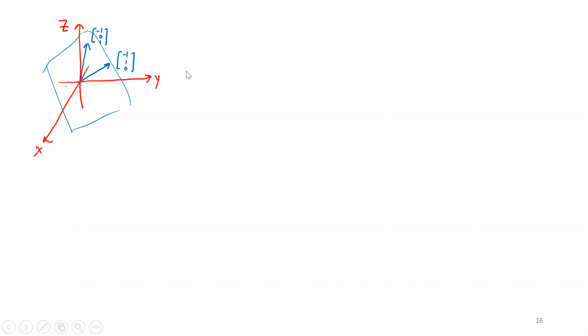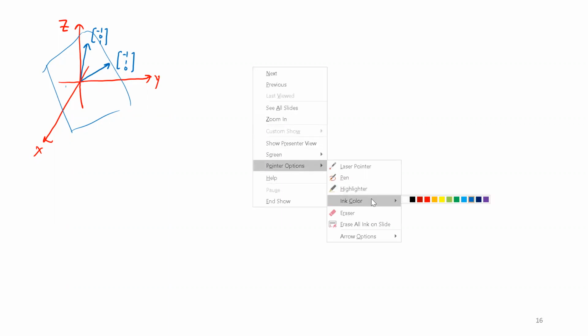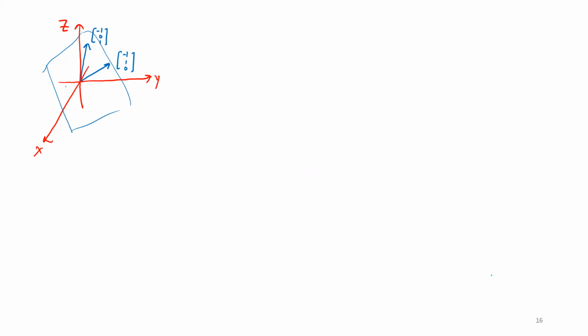Here I want to do it once. Given two linearly independent vectors that are not orthogonal, how do I take another set such that the new set is orthogonal?